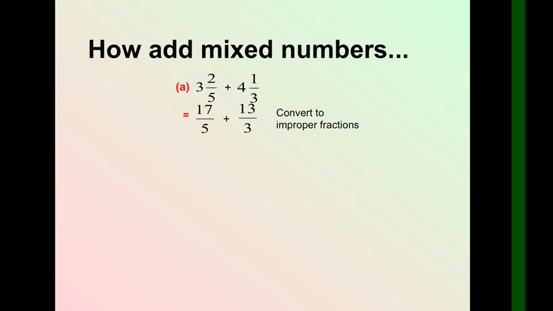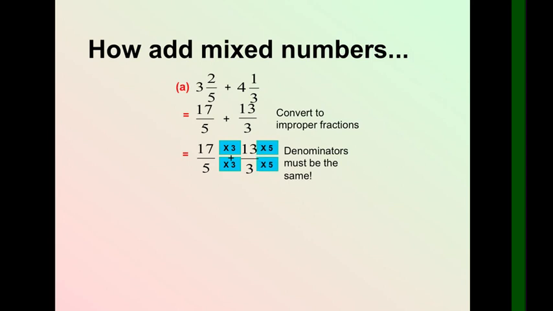Then, after that, we need to get the denominators to be the same. So, para maging pareho ang ating denominator, multiply them both by 3 and 5. Kagaya dun sa ginawa natin kanina. Hanapin natin yung kanilang common multiple.